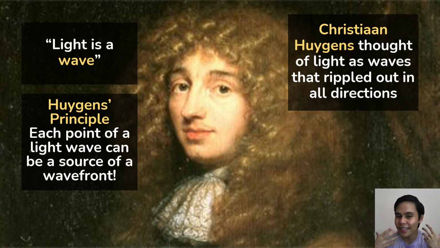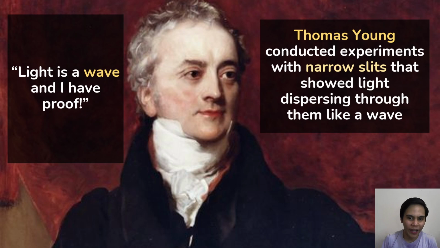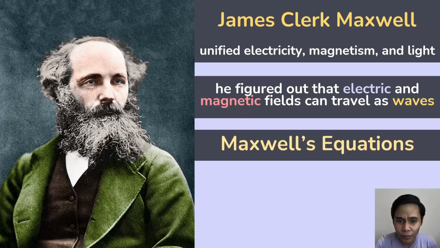That means that light would bend if it goes through a small hole or small slit. And that's why Thomas Young conducted experiments with narrow slits that showed how light disperses through them like a wave. So he gave the proof that light does function like a wave.